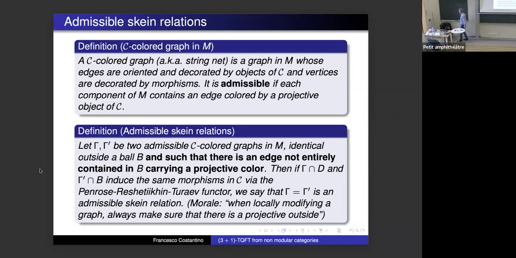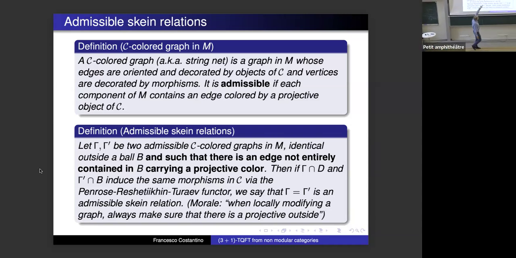I'm not reinventing the wheel here. So if you've already seen this story, you're getting bored. I'm sorry. Locally, you will see something like this. If you have U, V, and W, here you should have a decoration which is f, an element of Hom(U tensor V, W) in C. This is the kind of decoration you should have on the vertices.